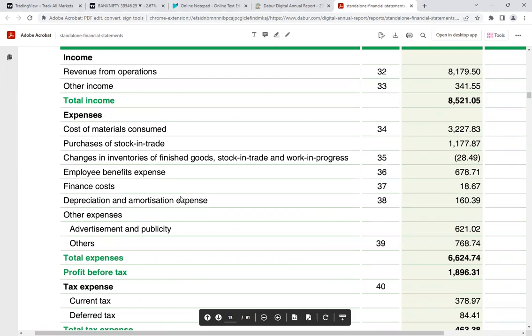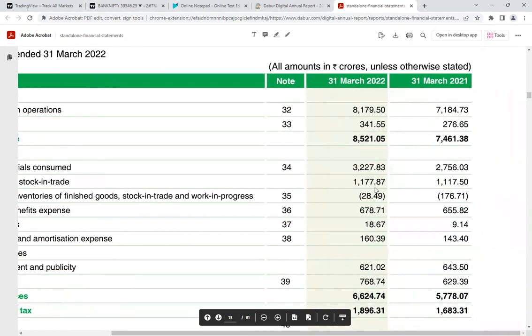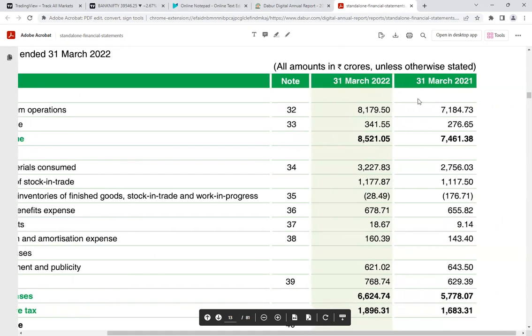If you see here, they are providing last year's figures also. Since we are focusing on the 2022 annual report, they gave the 2022 performance details and also last year's performance details. They give two years so that we can compare them and see the growth or the change in value.